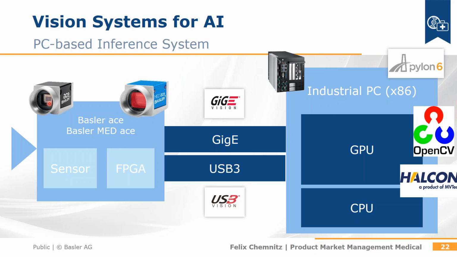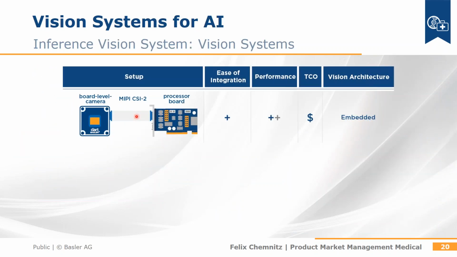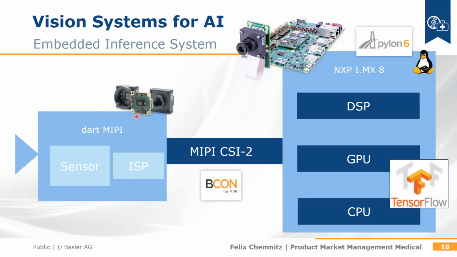Next question here. Which pre-processing can be outsourced to the camera? As I said, the debayering we can outsource to the camera. We can do the sharpness enhancement, and this depends a little bit on the camera family you choose. The ace family has a bigger FPGA than the dart series because this is only a single board camera. With the ace camera, you have a little bit more abilities.